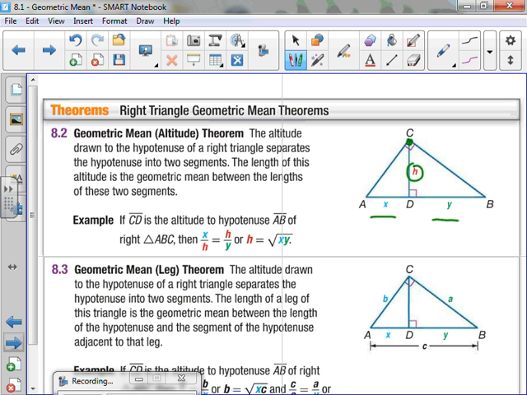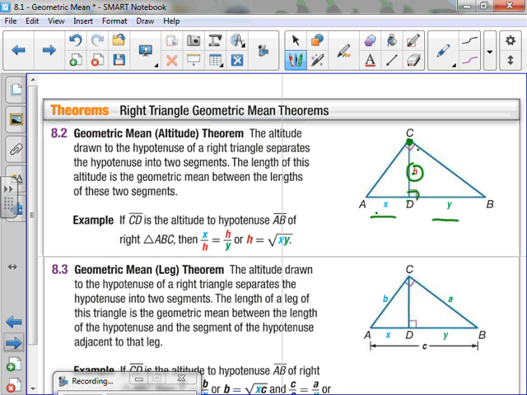H is equal to the square root of X times Y. B is equal to the square root of XC. These three in a row. And A equals the square root of Y times C.